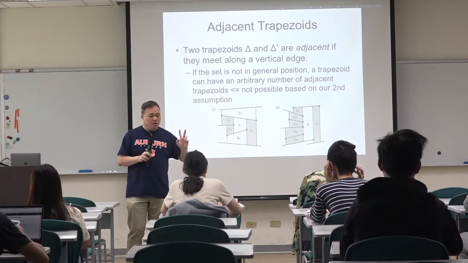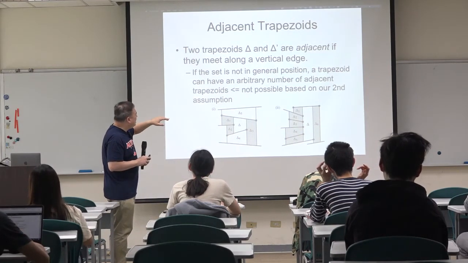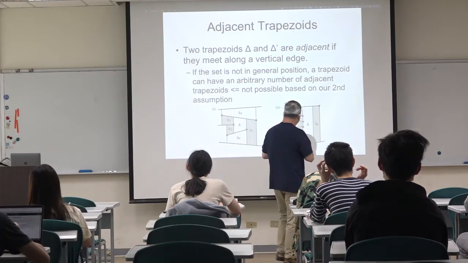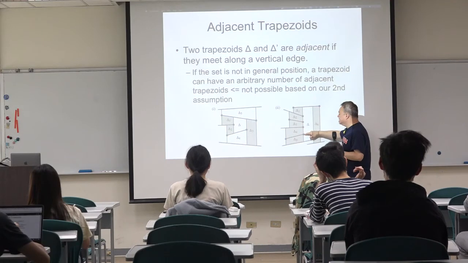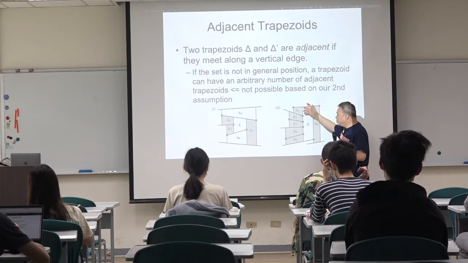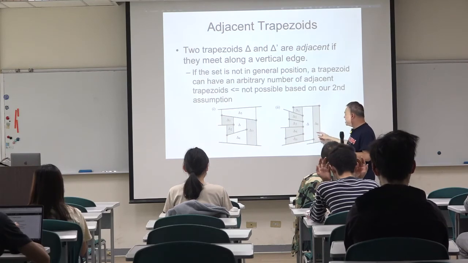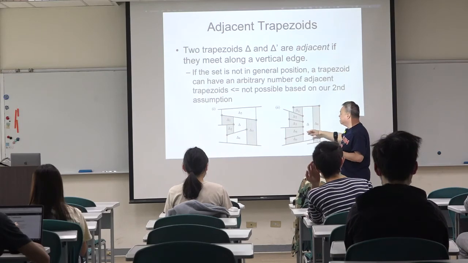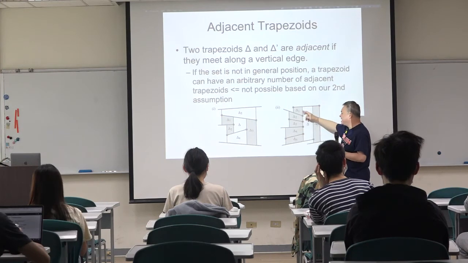But if the endpoints are not in general position, for example, when you have multiple points that share the same x-coordinate, and you try to draw a trapezoidal map out of this subdivision, you will find that this trapezoid obviously has more than two neighboring trapezoids on the left-hand side.